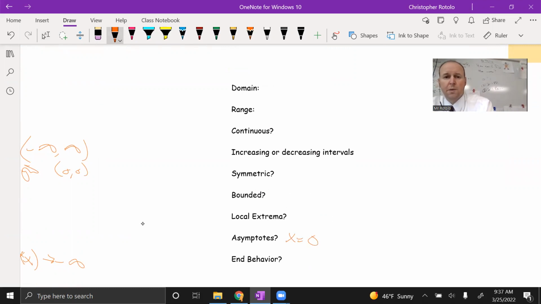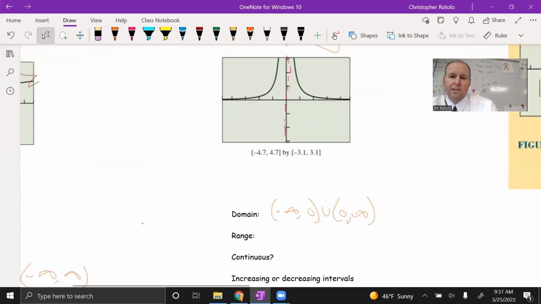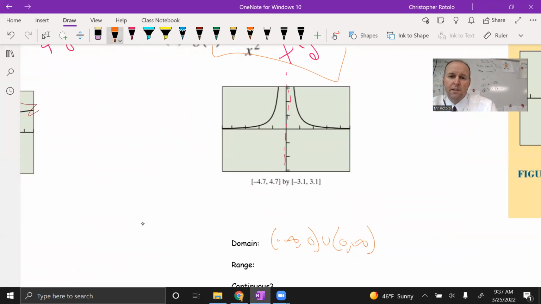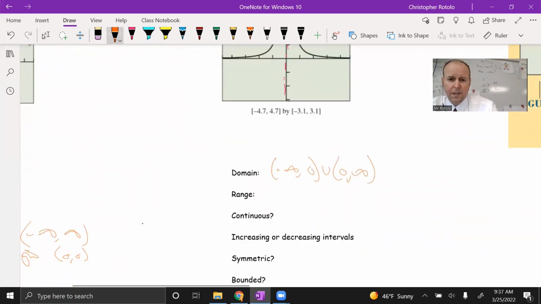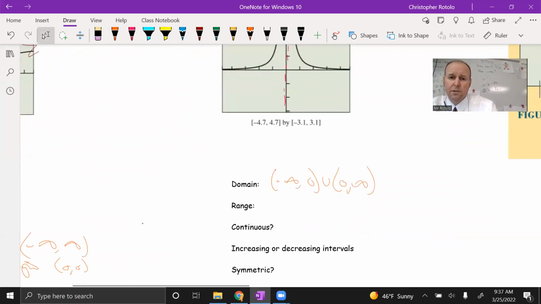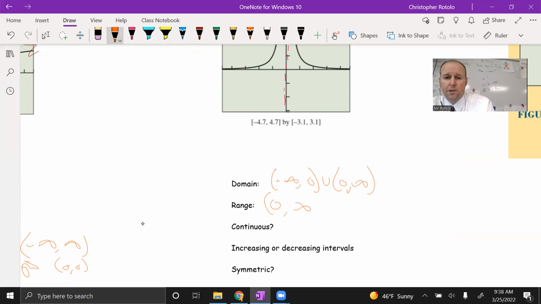So this one, we're going to have to write negative infinity to 0, union 0 to infinity. That's my left to right as I look at it, and what's happening. When I look at the range, it looks like we have a horizontal asymptote. So we're going to go from 0, where we don't touch it, the whole way up to infinity. So that works out for those.